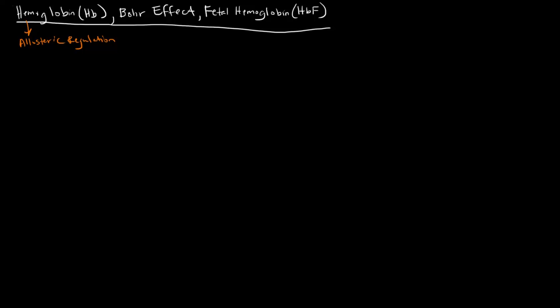Now, there are other things that can bind hemoglobin that will actually reduce the affinity of hemoglobin for oxygen. So there are three things that I want to mention. There is H+, which is just protons. There's carbon dioxide, and there is this thing called 2,3-bisphosphoglycerate, otherwise known as 2,3-BPG.